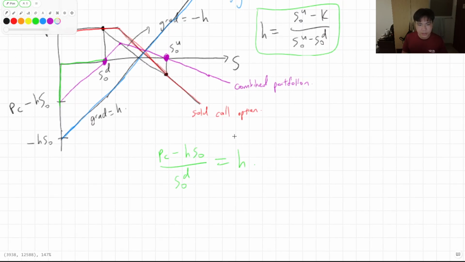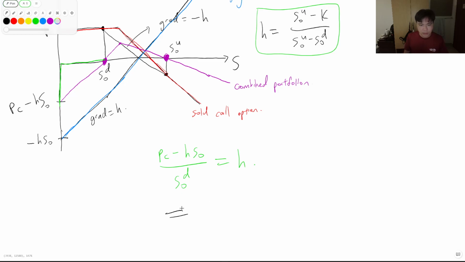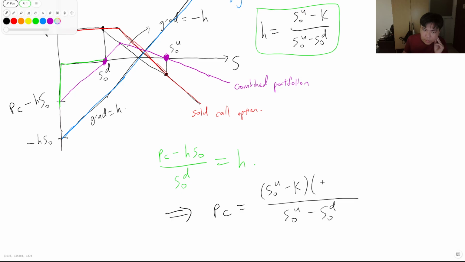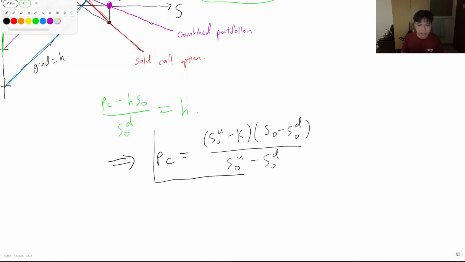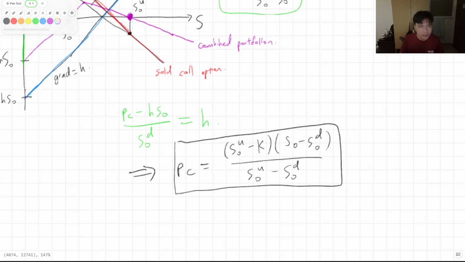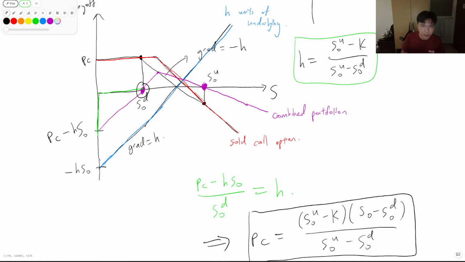And we have the H over here. So substituting it in, you do a bit of algebra, you're going to get PC equals S naught U minus K, S naught minus S naught D. So we get that this is the price of the call option if we wanted these 2 points to pass through zero.